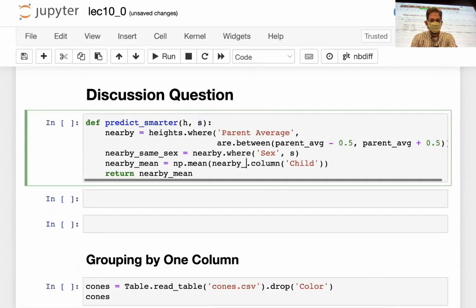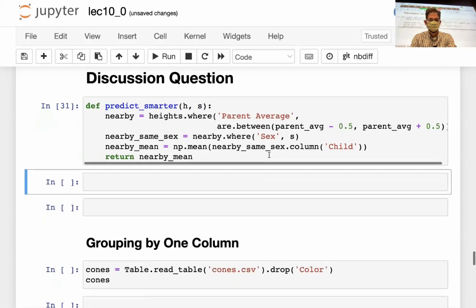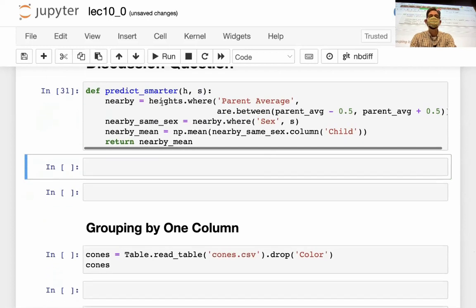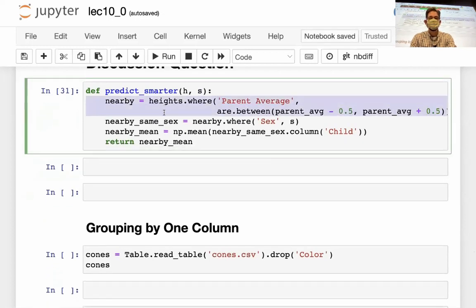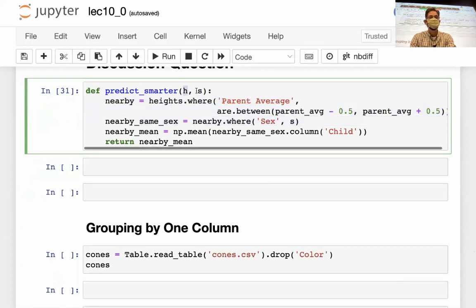And then we use that to compute our mean. So what we did here is instead of taking all the rows for similar parents, we've now taken all the rows for similar parents in height, similar children in sex.